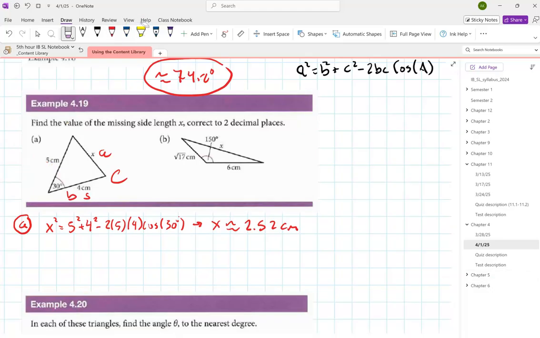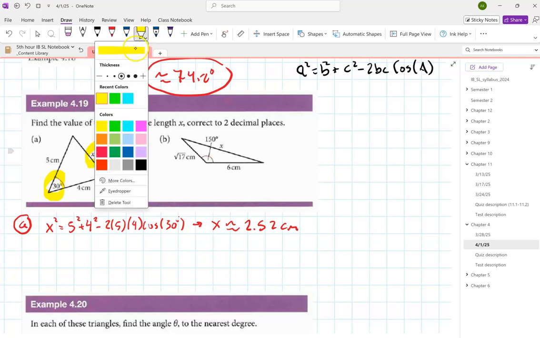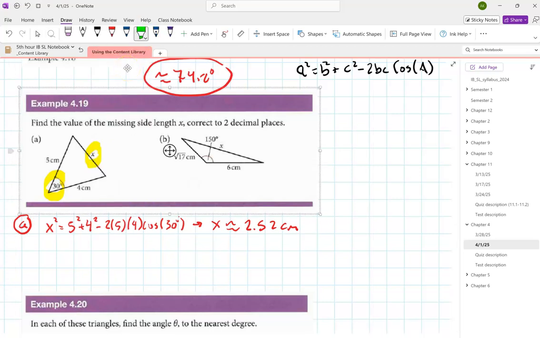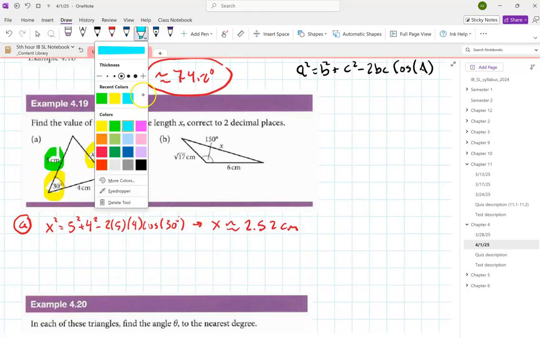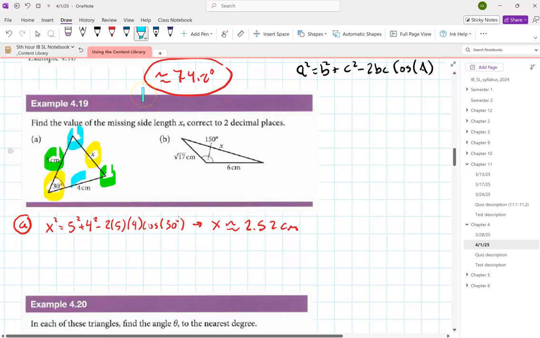As a little reminder here, and this is a good check, I remember from geometry that the side lengths and angles in my triangle are proportional. That means the smallest angle should be opposite the smallest side, the biggest angle should be opposite the biggest side, and the middle angle should be opposite the middle side.